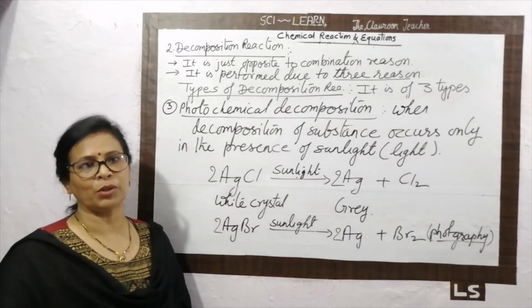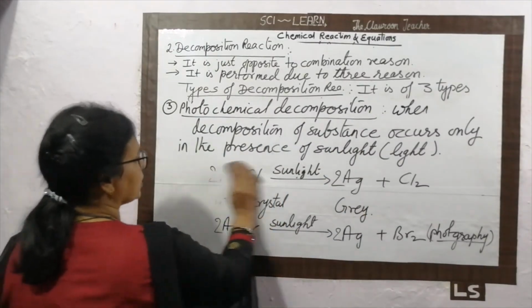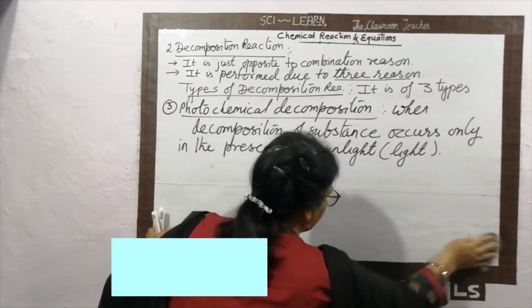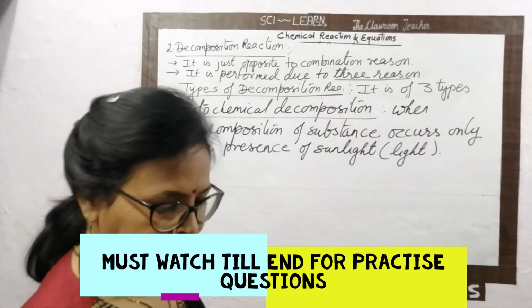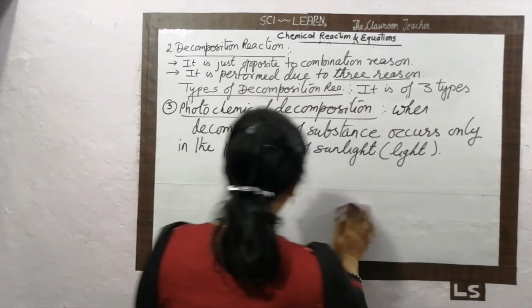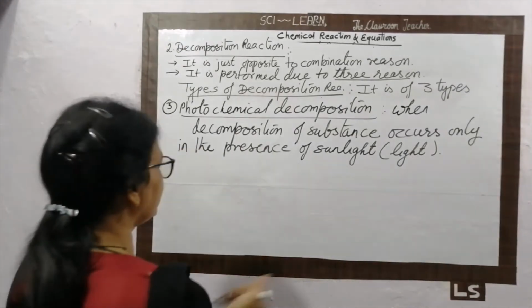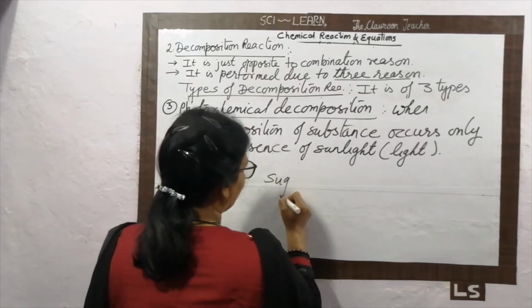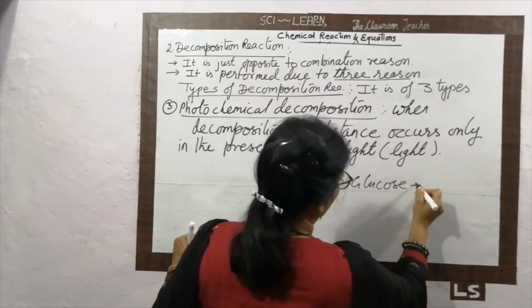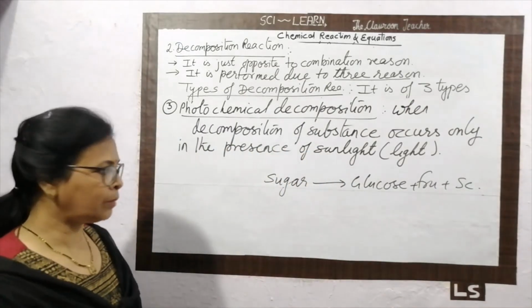Decomposition is a very important process because it is very useful. Two places where decomposition is used widely: one is in your body, the process of digestion of food. What is the process of digestion? We break down the complex food into simple ones. Sugar is broken down into glucose, fructose, sucrose, etc. Same as the protein.